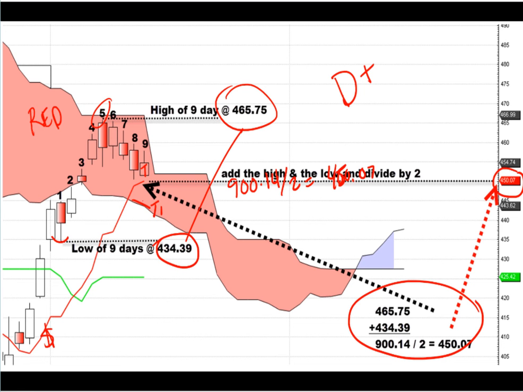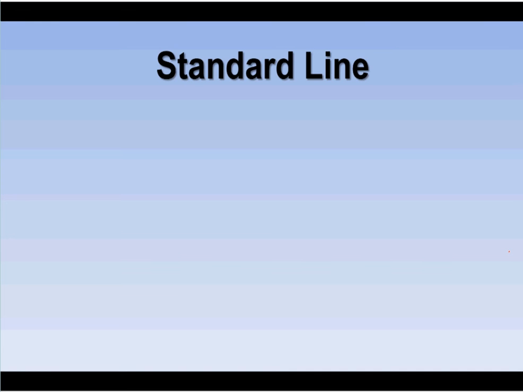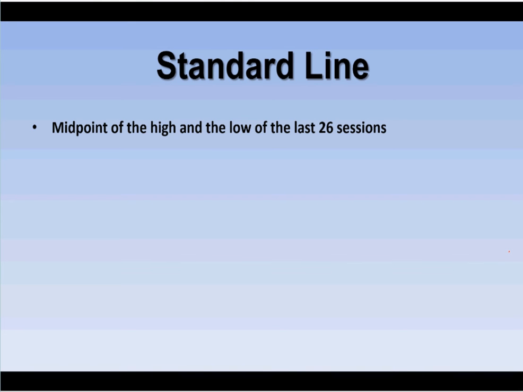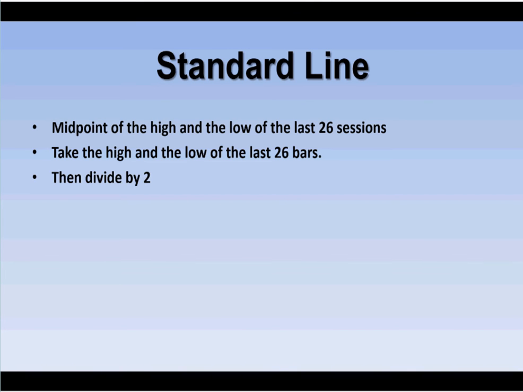Now, if the bottom of the cloud doesn't hold, which it probably won't because we're coming below the cloud, then target 2 is going to be the standard line, which according to this platform is 425.42, and this is how that's calculated. The standard line is the midpoint of the high and the low of the last 26 sessions. You're going to take the high and the low of the last 26 bars, then divide it by 2.